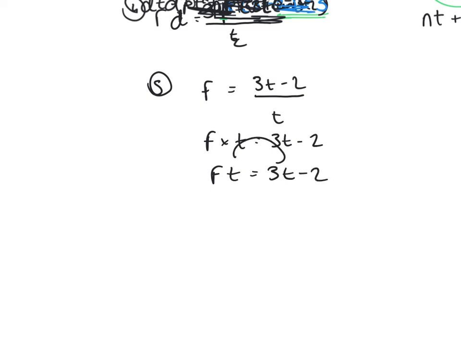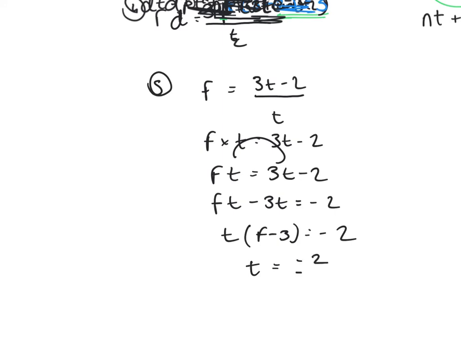Let's bring that over, change its sign. Ft minus 3t equals minus 2. Take out the common factor of t. T bracket f minus 3 is equal to minus 2. And then eliminate the multiply by f minus 3 by dividing by f minus 3. T equals minus 2 over f minus 3.